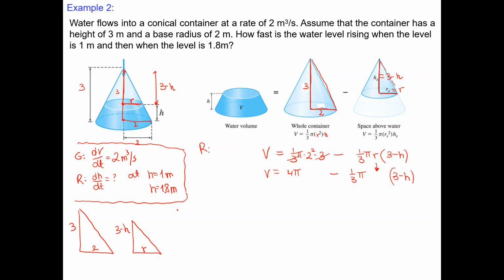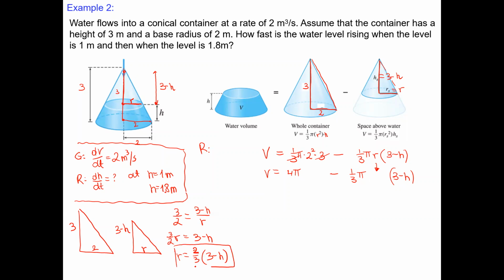Let's get the relation. 3 over 2 equals 3 minus h over r. And we have to solve for r. Let's do it this way. 3 over 2 r equals this. And then r equals 2/3 times 3 minus h, because we have to divide by 3/2. Dividing by 3/2 means multiplying by the reciprocal.